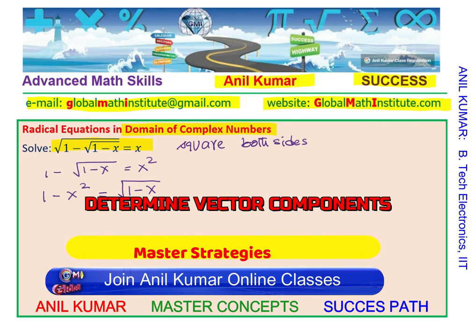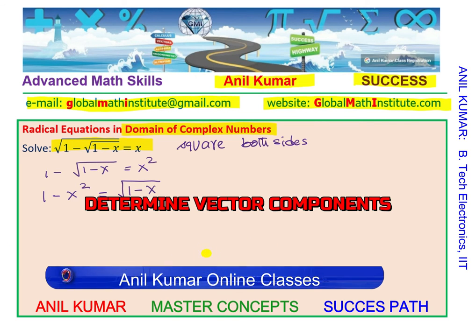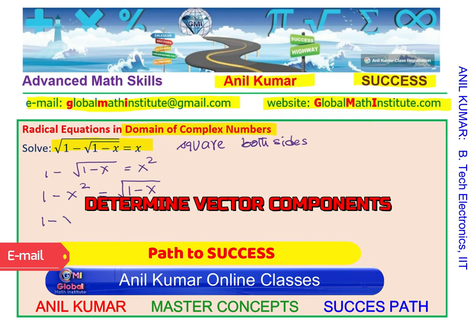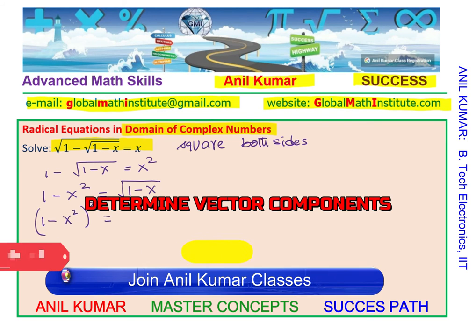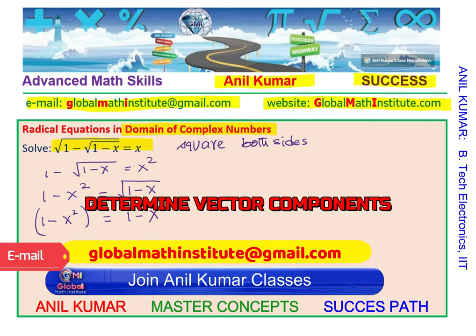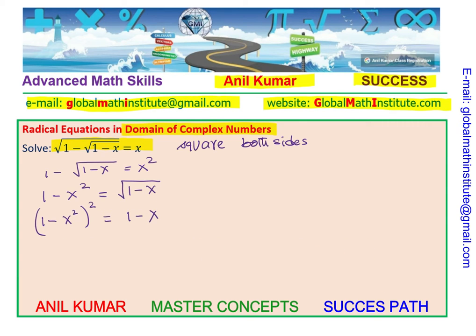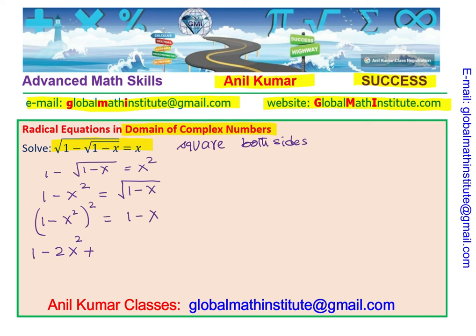Then again we square both sides. So (1 minus x squared) whole squared becomes 1 minus x. Clear? Expand the left hand side: 1 minus 2x squared, plus the square of x squared, which is x to the power of 4, equals 1 minus x.